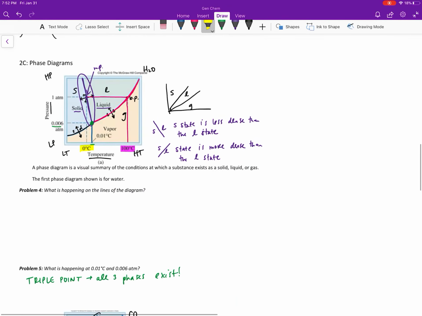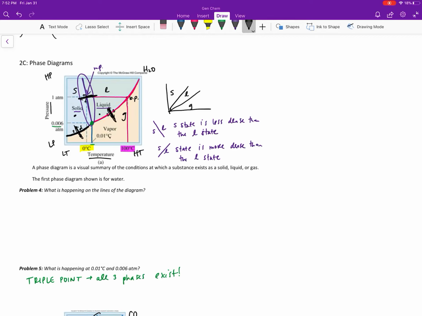Then we talked about phase diagrams. We spent a lot of time on phase diagrams, so you need to review this. It's very important. We're going to see it on the ACS final. We talked about the different areas, solid, liquid, gas. We talked about where the phase changes exist along the lines: the solid to gas, the solid to liquid, and the liquid to vapor or gas.